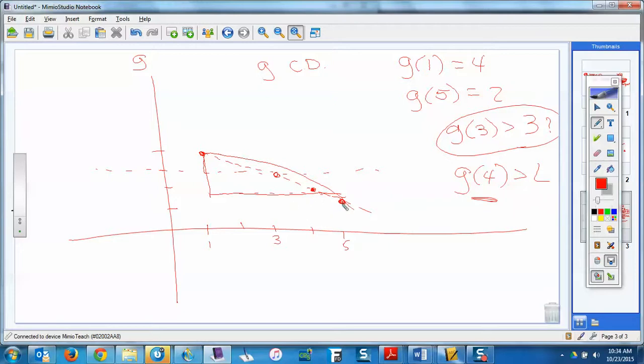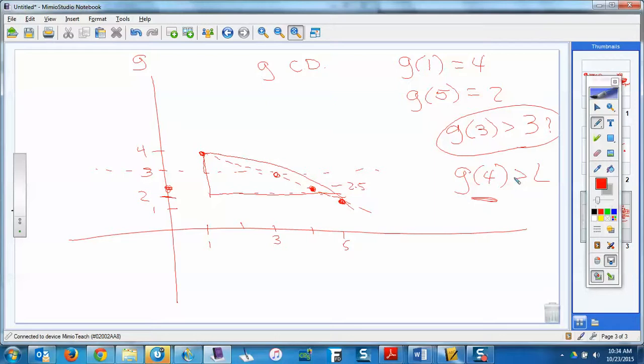You're right, because my picture's awful, isn't it? This point is supposed to be at 2, and this point is at 3. So this would be at 2.5, a y value of 2.5 right there.